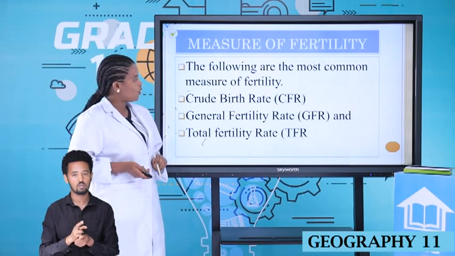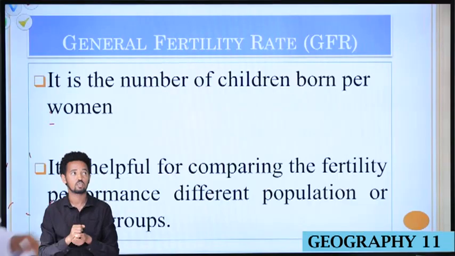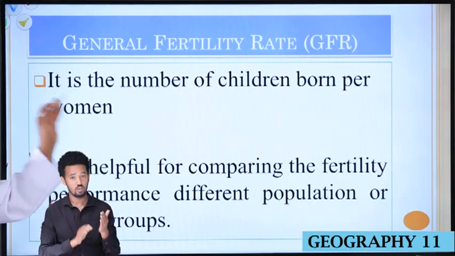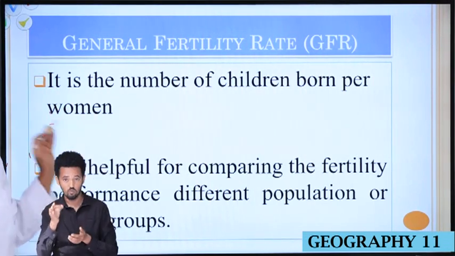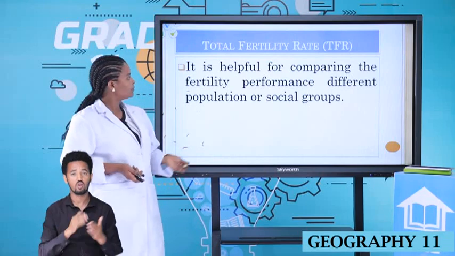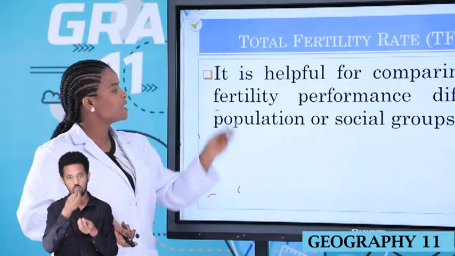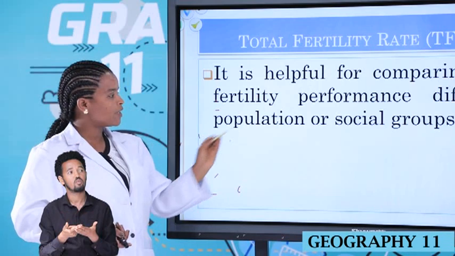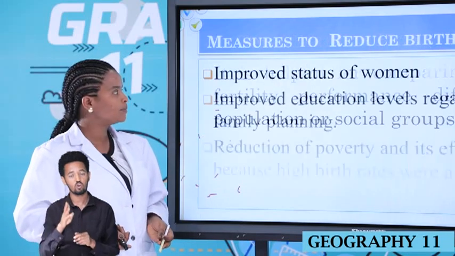General fertility rate is the number of children born per woman. The third one is total fertility rate. It is helpful for comparing the fertility performance of different populations or social groups.